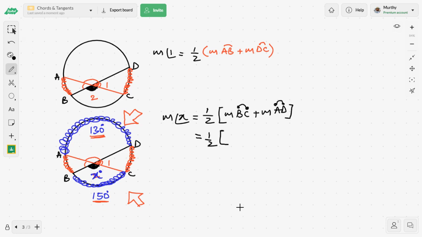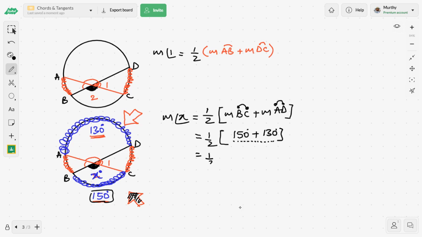So what are these measurements? Half of measure of BC, please see that measure of BC is here. So I see that 150 degrees, so that goes here, which is 150 degrees, plus measure of AD means that is you can see that 130 degrees. First, by PEMDAS, we sum up which are inside the parenthesis.